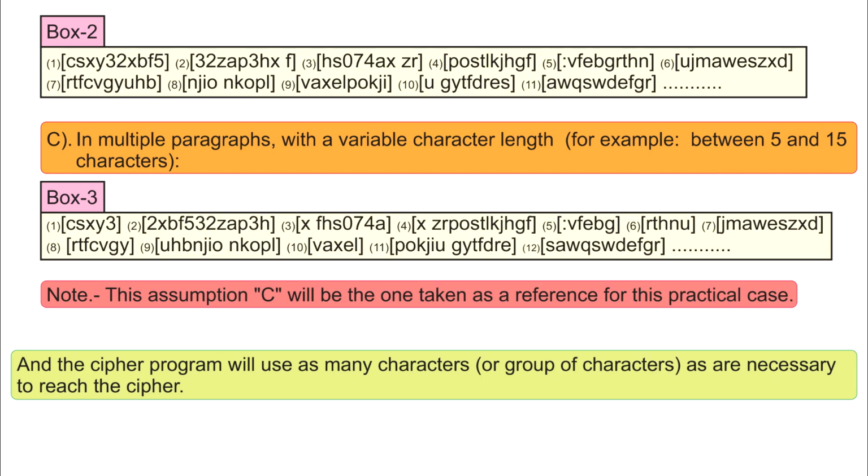Note: this assumption, C, will be the one taken as a reference for this practical case. And the cipher program will use as many characters, or group of characters, as are necessary to reach the cipher.